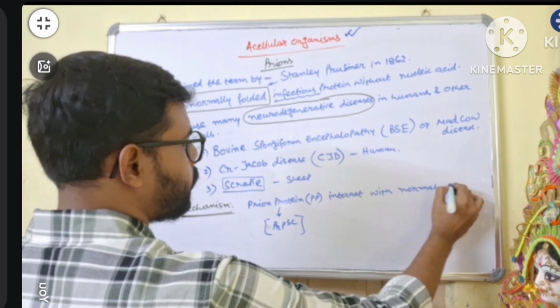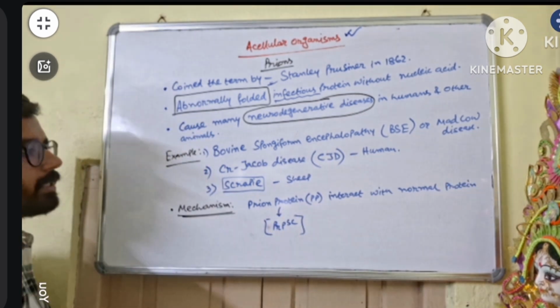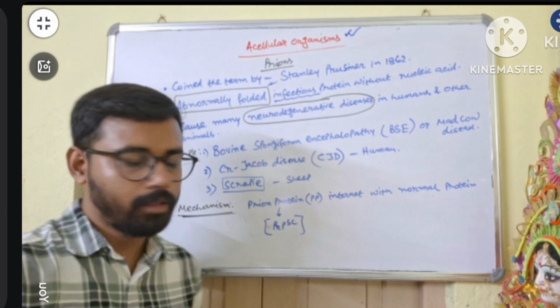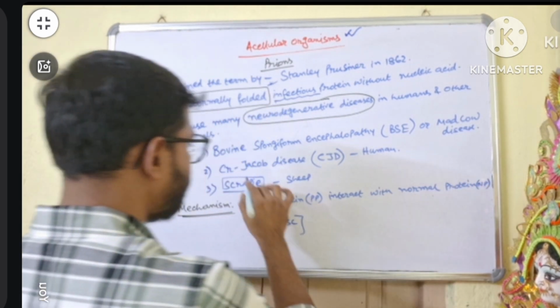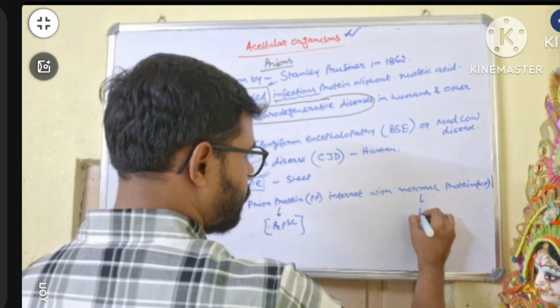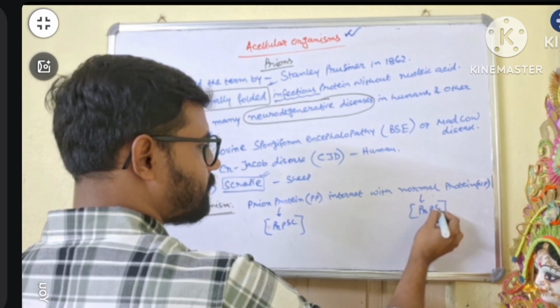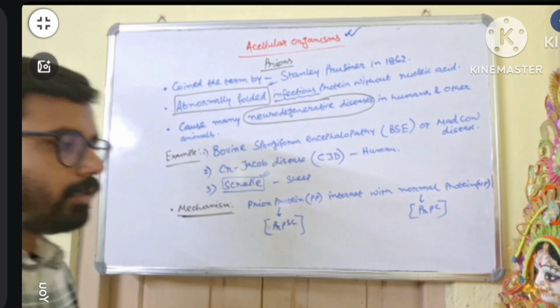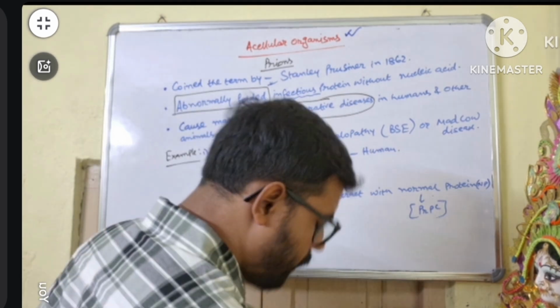That means a normally folded protein produced inside the cell, but when prions are present, they interact with the normal protein. The normal protein is called NP, and in the case of scrapie, the name of the normal protein is PrPC. PrPC means normal cellular protein, C for cellular. So how does it infect?